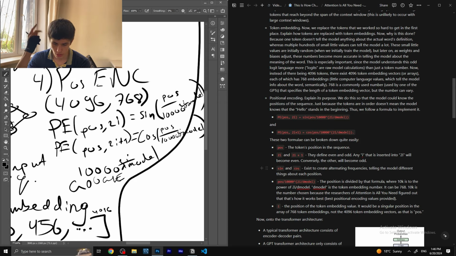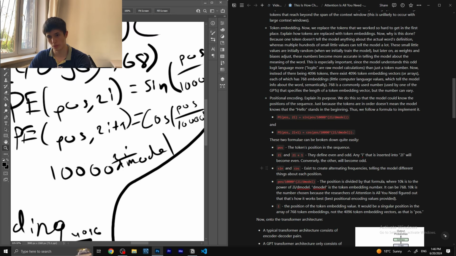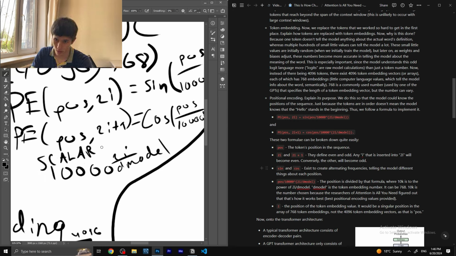There were positional encodings, token embeddings, and the transformer architecture, and that's all they came up with. When they were coming up with positional encodings, so as to make the model know about each position of the sequence, they found that 10,000 works best. It's the best number to put there, like a scalar constant value.